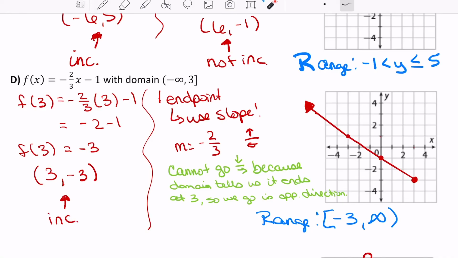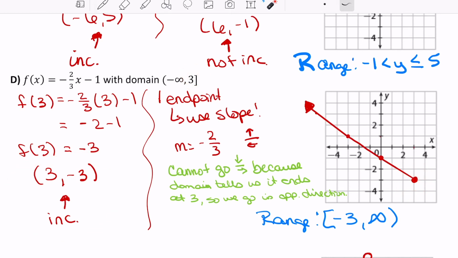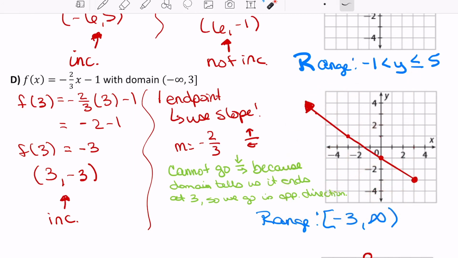This is what you should have for D. You had one endpoint that's included at (3, -3). So here's my point. And the domain tells us we go from -infinity up to 3, which means that all of this is where our function would be located. Now, if you use slope, you couldn't go down 1 over 1 because it would not fit the domain.